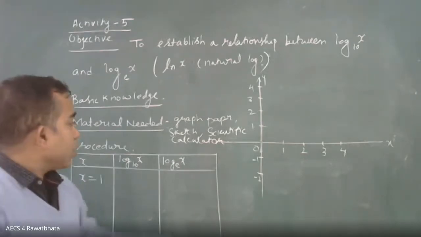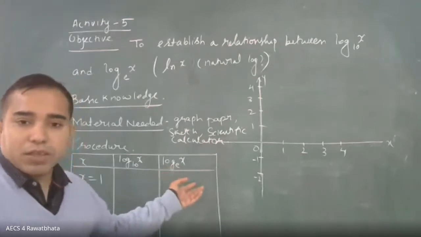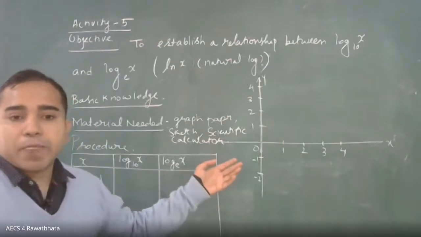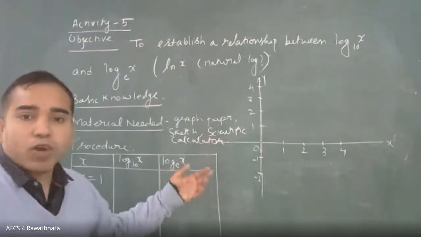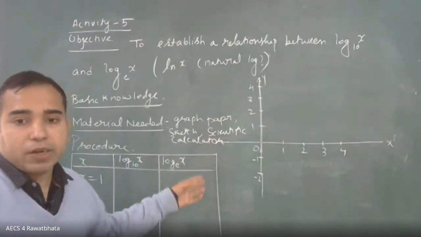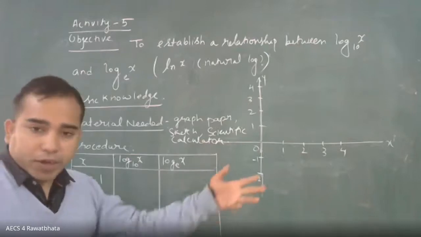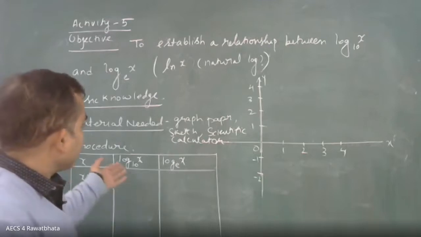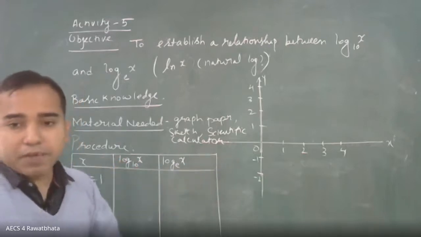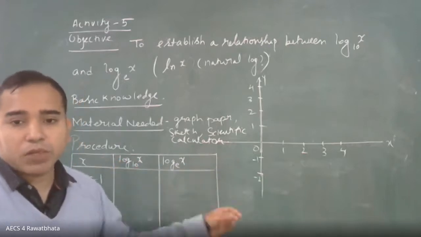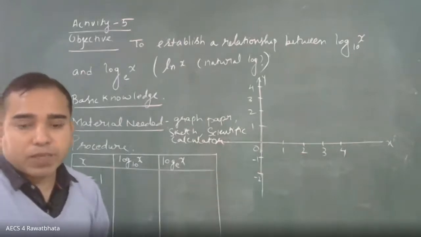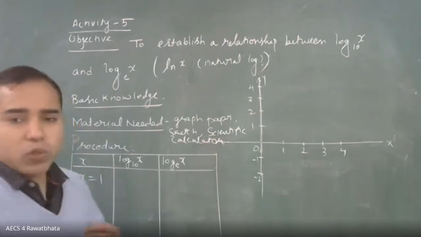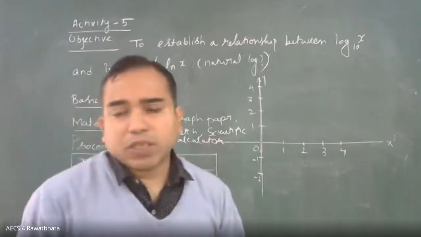Another thing, log tables are generally not available for natural log. So where will you get the value of log 2, log 3 base e, log 4 base e? Or else you have to calculate more. With the already established relationship you can find log x base e, but it will take time and things will be complicated, so you can use a scientific calculator.